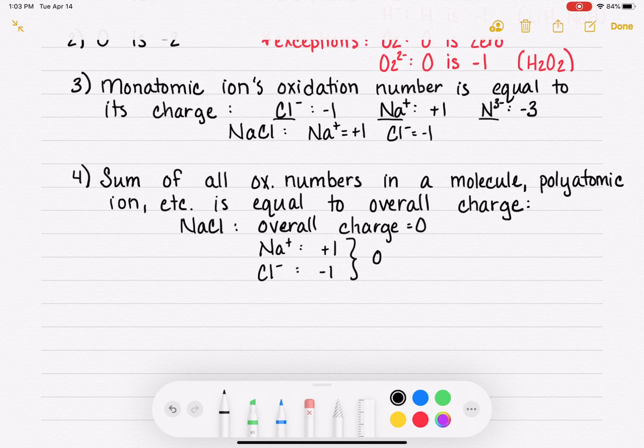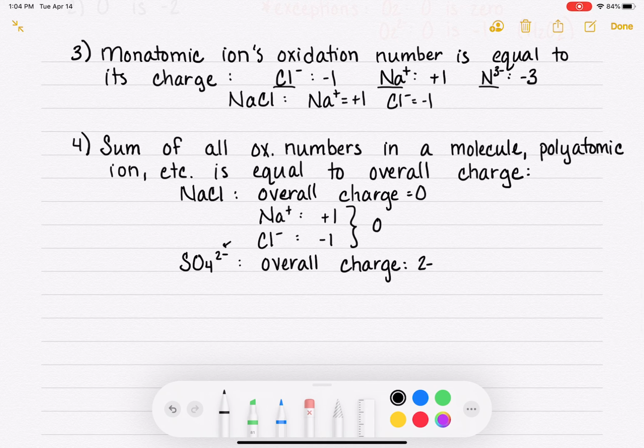This rule 4 is going to be really helpful when we're dealing with things like SO4 2-, and we have to assign the oxidation number of each individual thing. We can say, well, the overall charge of this polyatomic ion is 2-.